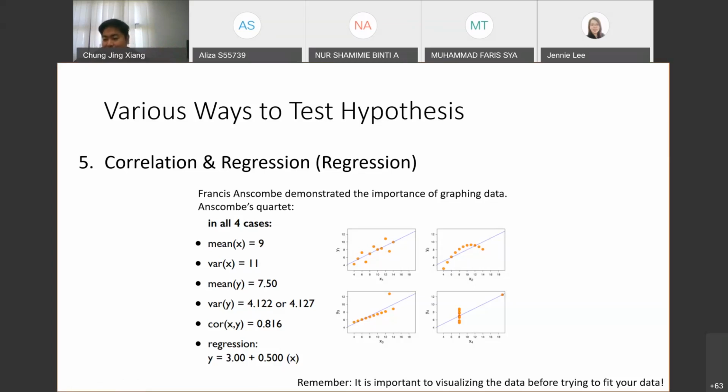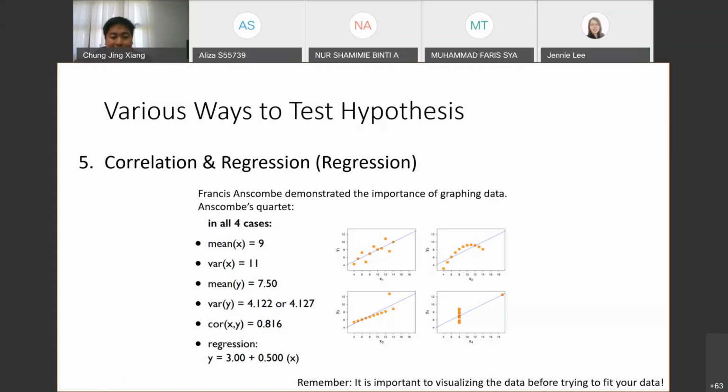Why? Because he presented four cases with the same mean and variance. Basically the same mean for x, variance for x, mean for y, variance for y, and the same correlation. Obviously it looks the same.